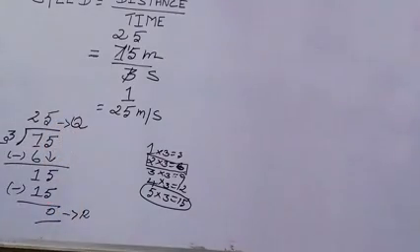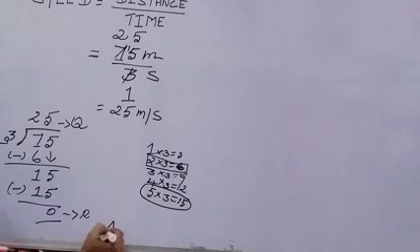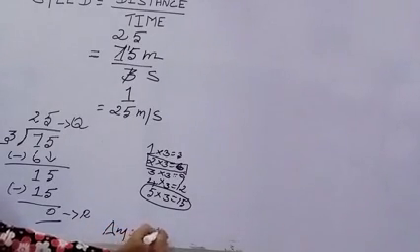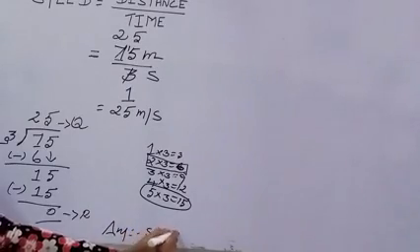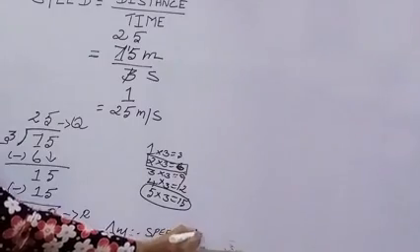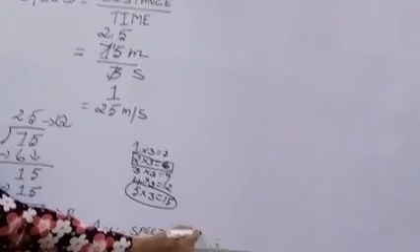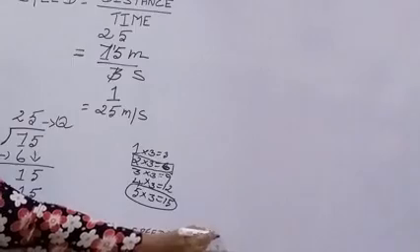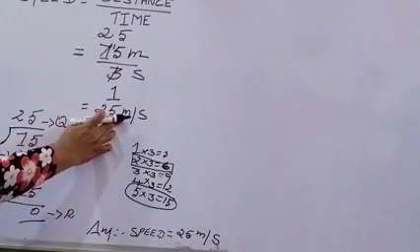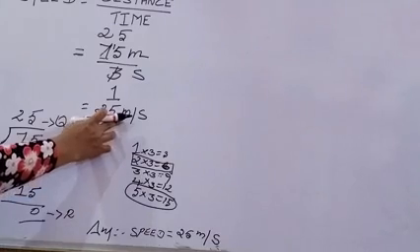So children, how can you write your answer? The speed is equal to how much? 25 meters per second. You should write the unit also.